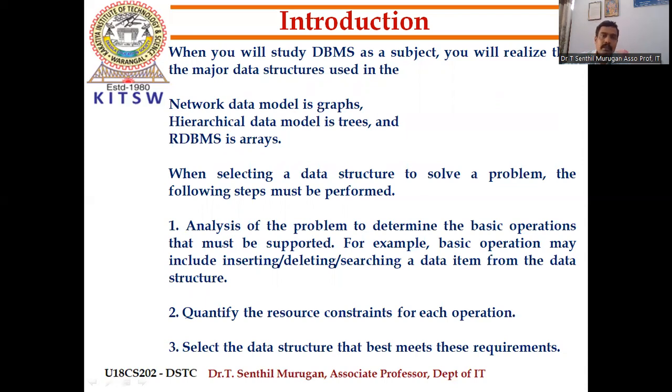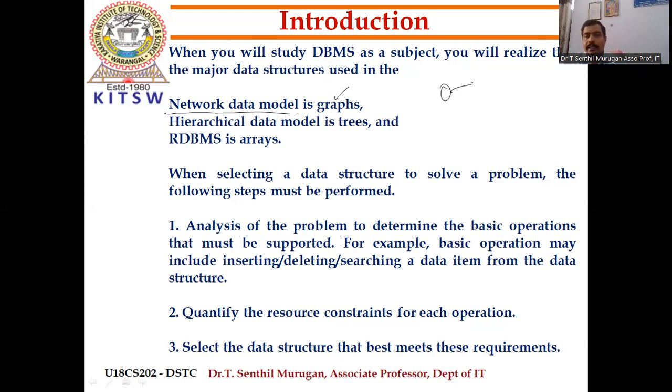For example, wherever we use the network data model, a network means a connection of more than two systems. How the network is framed and what data structure is used? If you think like that, the graph is the best suitable data structure for the network data model.